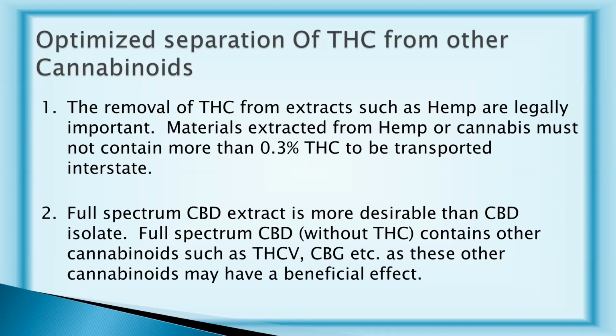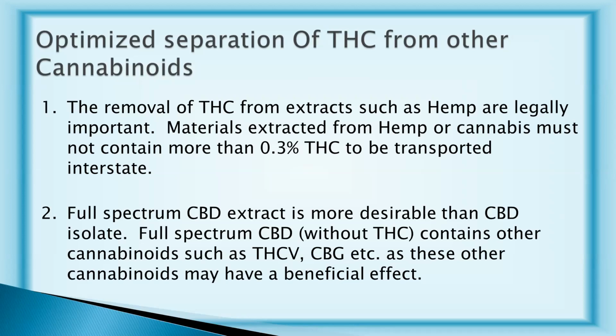There are different types of CBD products that are available. One is called full spectrum extract, and this is basically an isolated extract from hemp or cannabis that contains all the cannabinoids less THC.